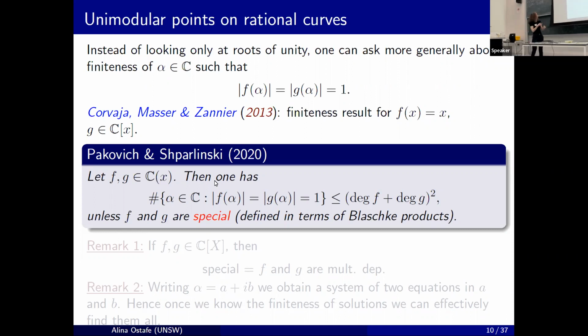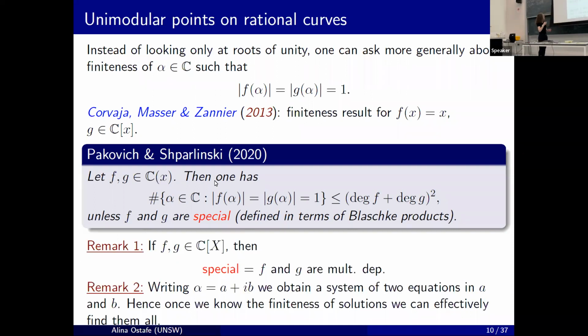And so here I say f and g is special. I'm not entering into details. Special here means it's defined in terms of Blaschke products. These are special Möbius transformations which take the unit circle into the unit circle. But we are in the context of polynomials, and this special here means precisely what I have already defined, that f and g are multiplicatively independent.